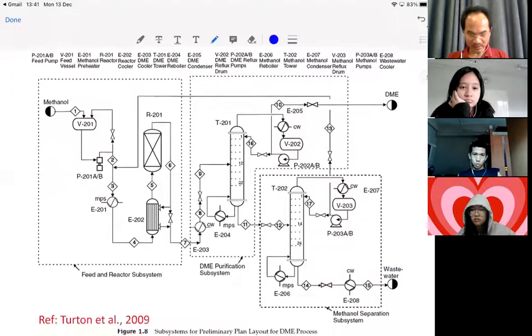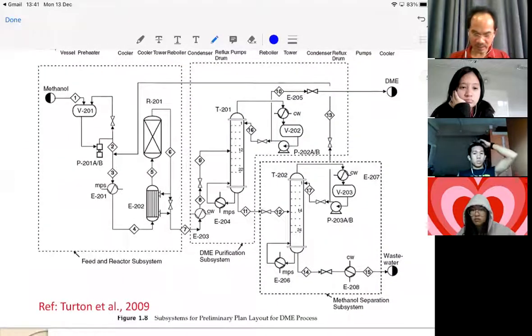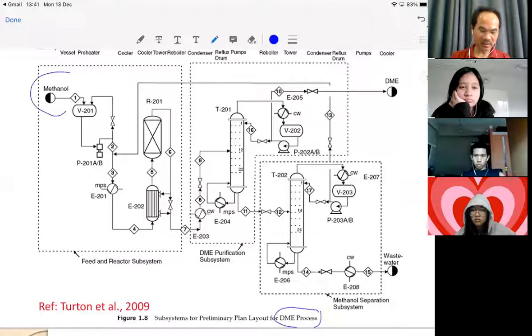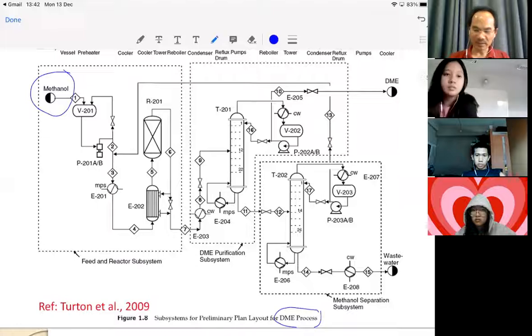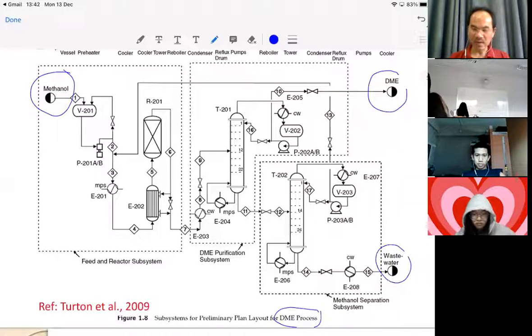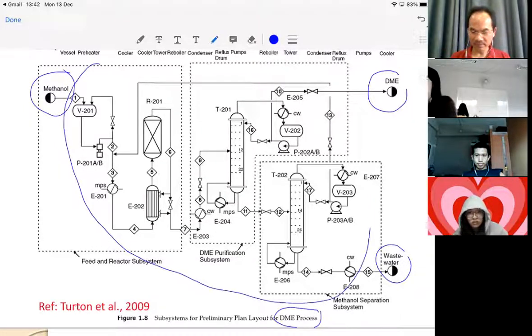And this is the process to produce DME, with methanol as the raw material. We get the DME, and you get wastewater in the output. For this case, you can make the overall mass balance.